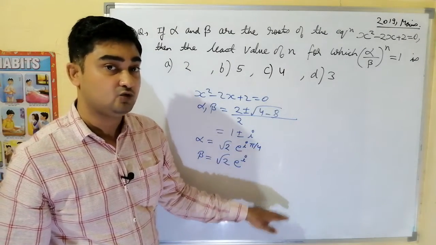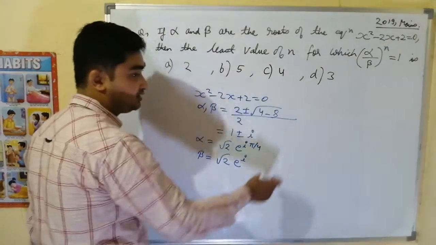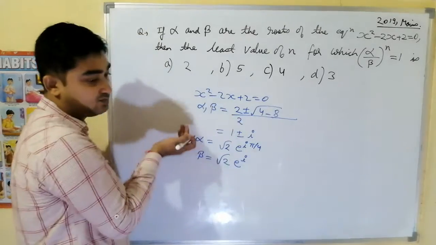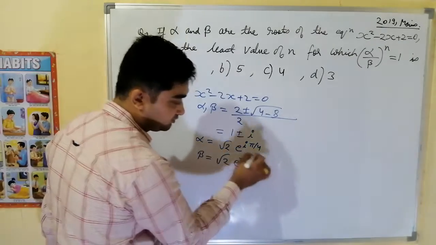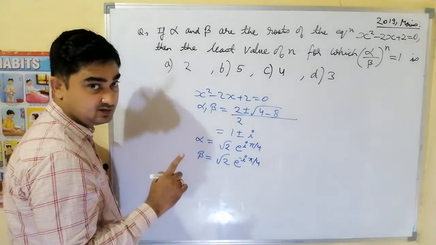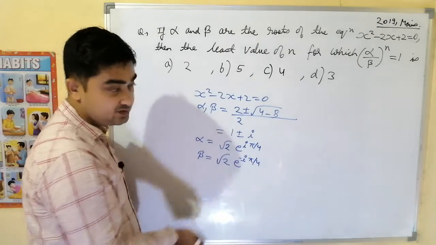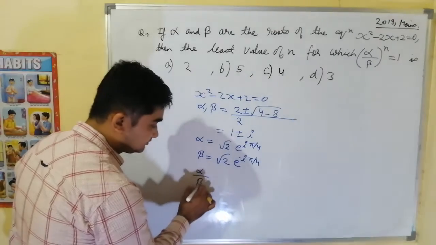That means it is in the fourth quadrant. In the fourth quadrant, the argument varies from minus 0 to minus pi. So this is minus pi by 4. Because the principal value is pi by 4, but because of fourth quadrant it will become minus pi by 4.